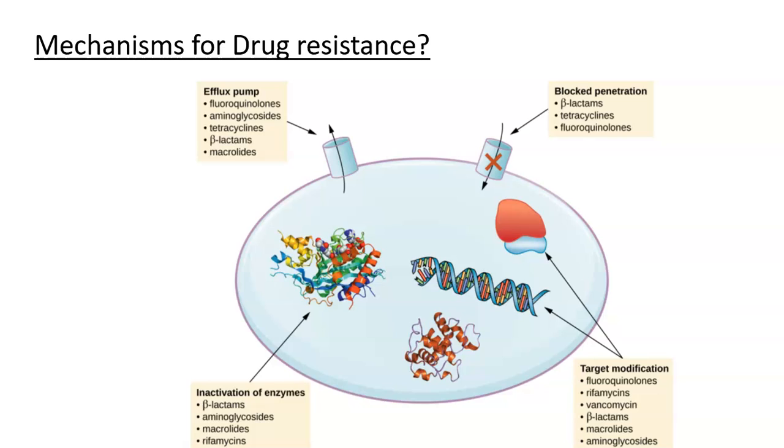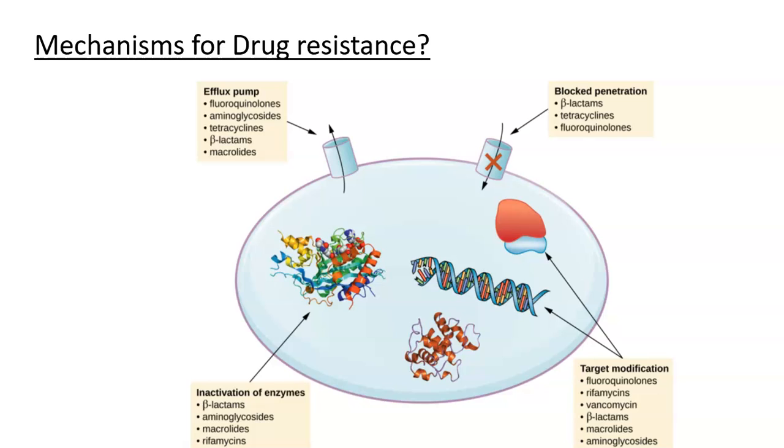And we can find this with tuberculosis. They actually make a protein that mimics the structure of the DNA, and your fluoroquinolone drugs will go in there and bind to this thing instead of binding to your DNA gyrase that is used to relax the supercoils for DNA replication to occur.